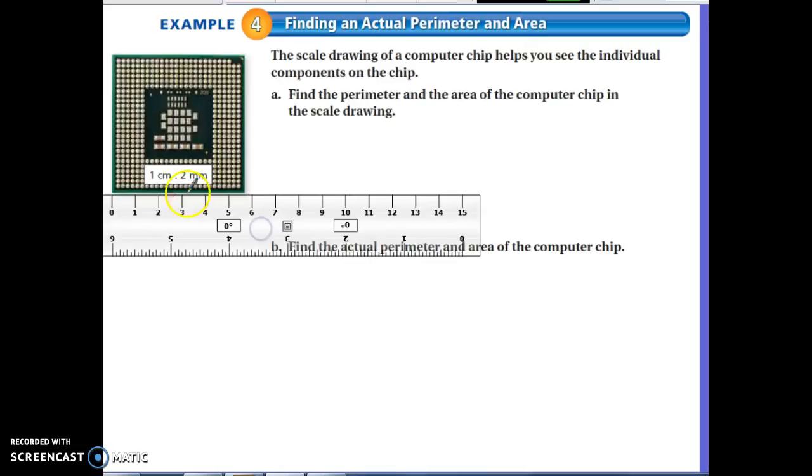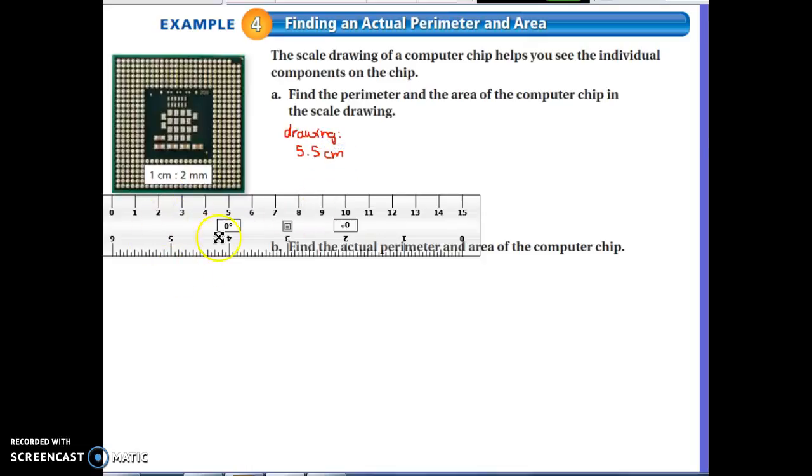So in my picture, if I measure, I see that the bottom of this computer chip is about 5.5 centimeters. So in my drawing, this computer chip has a length of 5.5 centimeters.